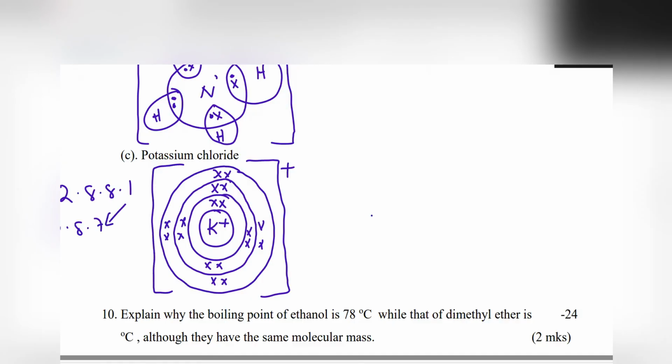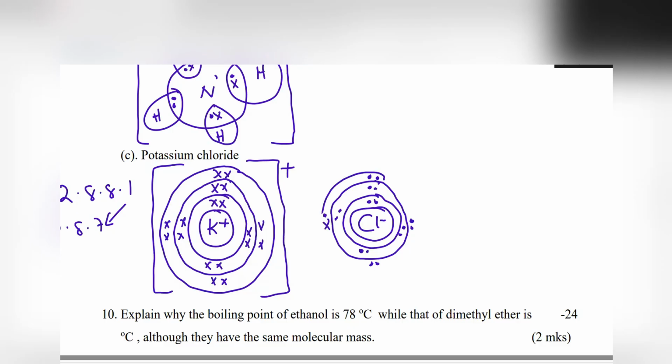So for chlorine, we are going to have 1, 2. We close. Then we have 8 in the second energy level. Then lastly, we are going to have 8. So 1 will come from potassium.